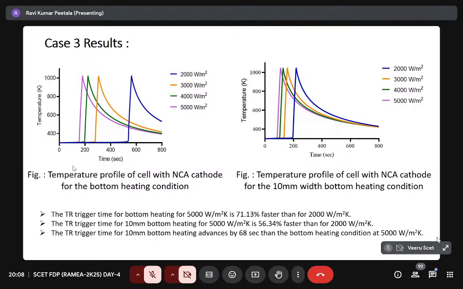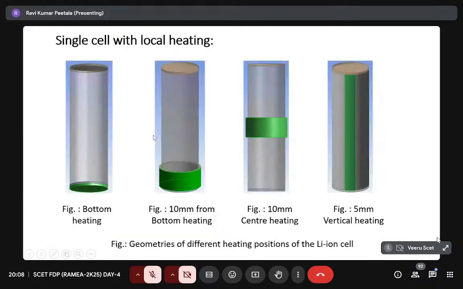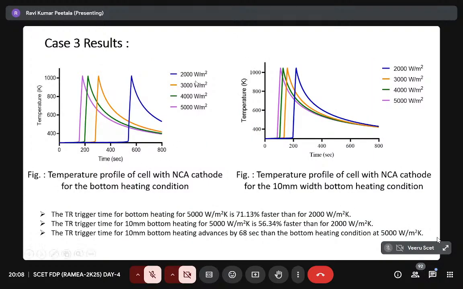Here I chose Na cathode material, and I use nickel cobalt material. I gave heat from 2000 to 5000 watt per meter square to mimic the thermal runaway.